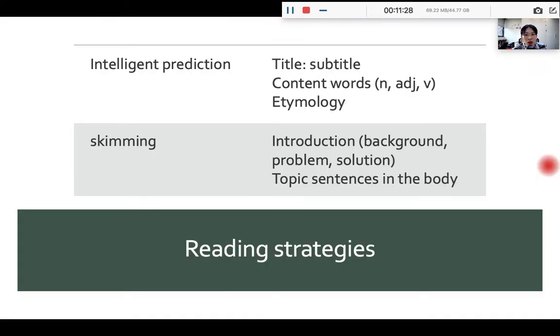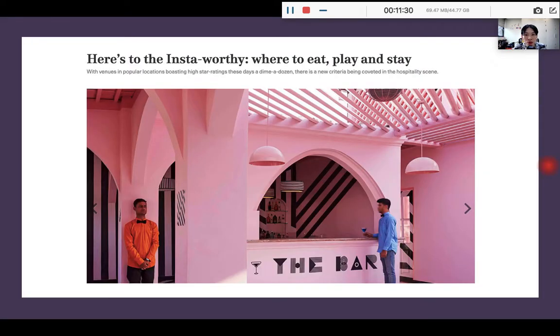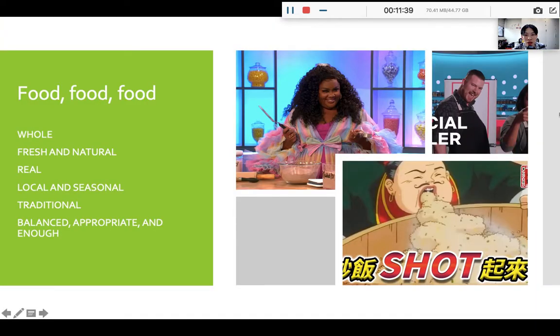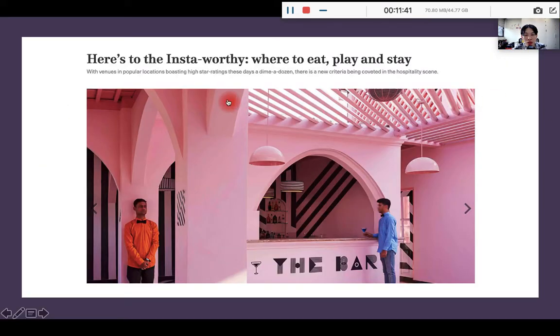Okay, so that's it for the review. This is a new adjective for your reference, Instagrammable. For the TV programs I introduced, and also this block here, Insta-worthy, where to eat, play, and stay, I will provide their links on Tron Class for your reference.